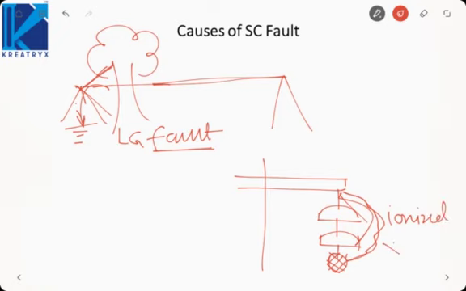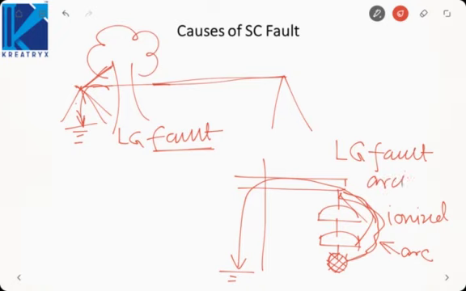If it gets ionized, there will be an arc formed between the conductor and the tower, due to which current will flow through the arc into the ground. So that will also cause a line to ground fault. It is also called an arcing fault, because this fault has occurred due to the arc formation between the conductor and the ground.